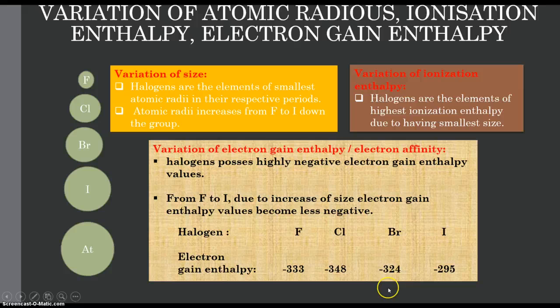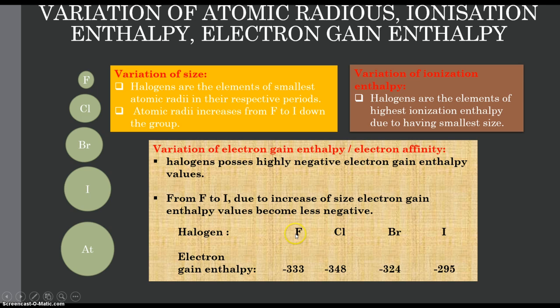That means fluorine will have the highest charge density. Charge density means charge by radius ratio. The charge is very much dense in the fluorine atom due to its smallest size.